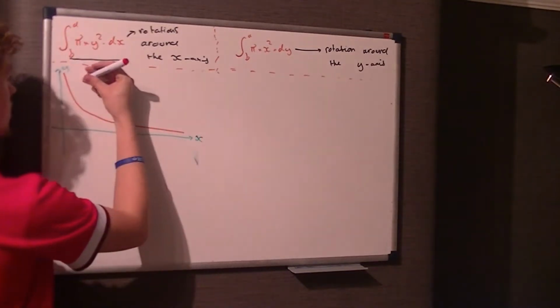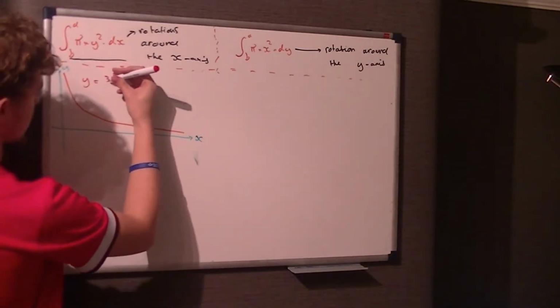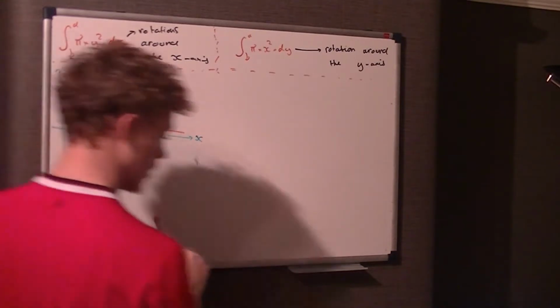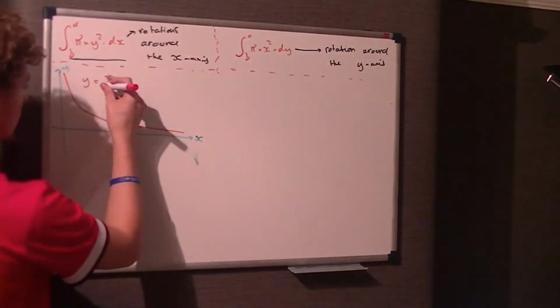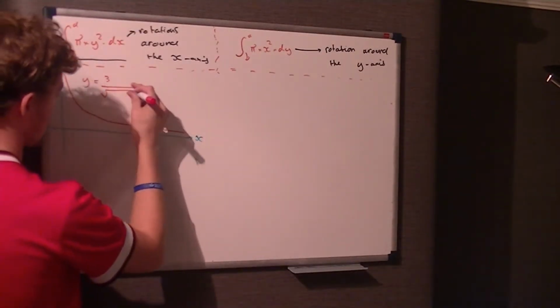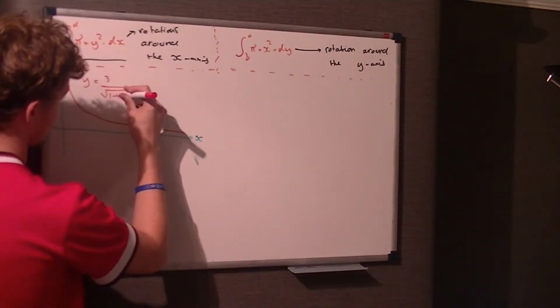And we are told the equation of the curve is y equals 3 over the square root of 1 plus 4x.